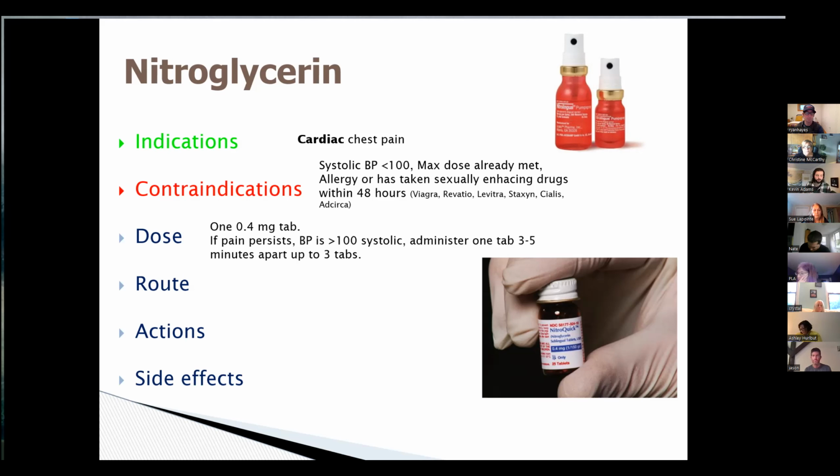And just a reminder, we need to ask every single patient that we are going to give this medication to these questions. If we omit these questions because we just don't think that there's a possibility that this 87-year-old Mima is taking sexually enhancing drugs, we could end up with a bad, unresponsive patient, right? What if the patient took the drugs but does not tell us that at all during transport?